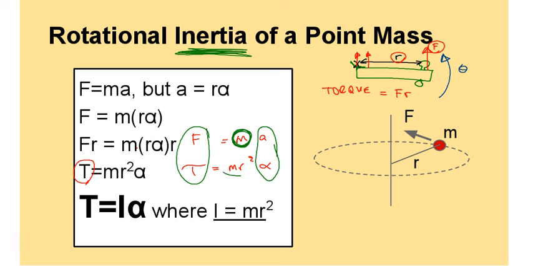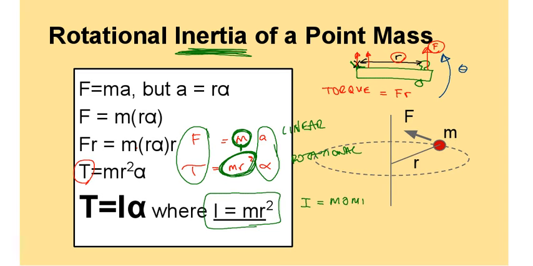Well, when we get down here to this new formula, this m r squared is the companion to mass. So in the linear world, I would talk about mass. But in the rotational world, with this new formula, I need to have this idea of mass times the radius squared gives me a quantity called I, and that I is referred to as the moment of inertia.